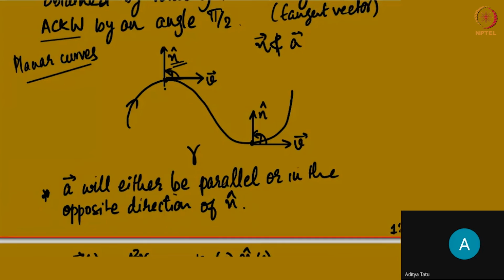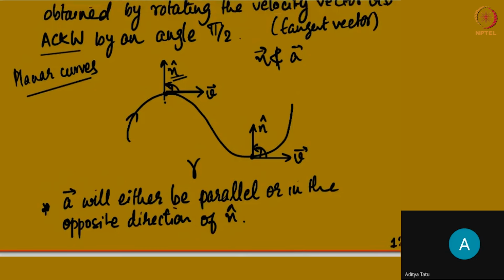N cap, by its notation and its definition, we know it's a unit vector. Okay? How about the acceleration vector? Is it a unit vector? The question is, the acceleration vector and the unit normal are aligned, right? Either in the same direction or in exactly the opposite direction.